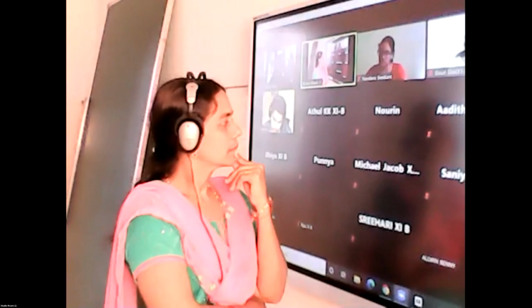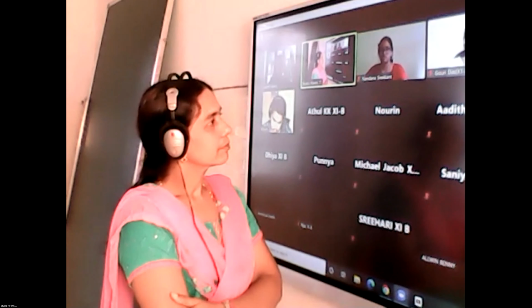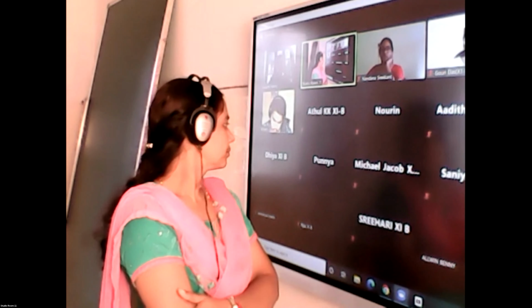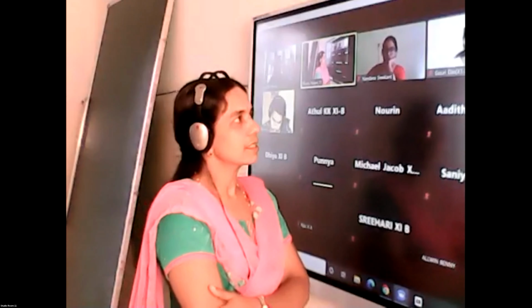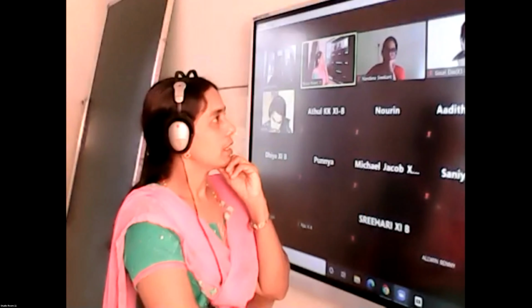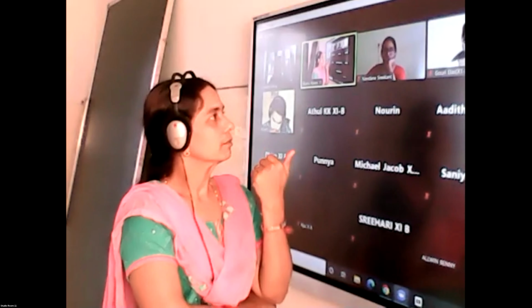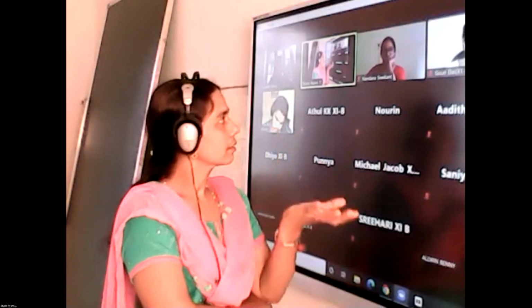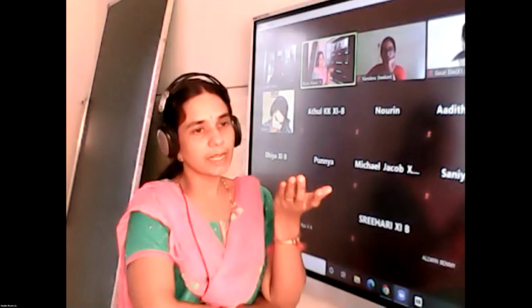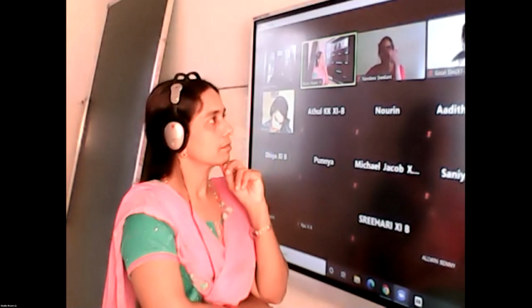Punya, 0. Very good. 0 is the additive identity, but it is not in natural numbers, since natural numbers start from 1. What about whole numbers? Additive identity exists in whole numbers and in integers.